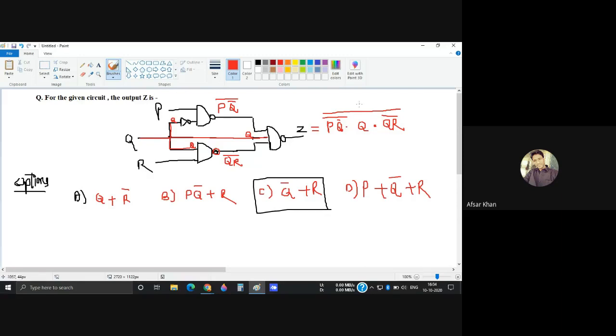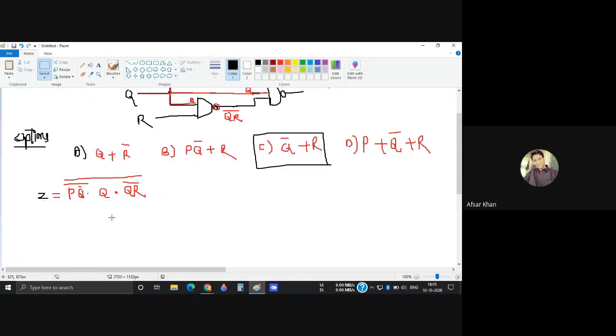Now, if we apply De Morgan's law to this, what will we get? PQ bar whole bar becomes P bar plus Q, so it becomes PQ bar plus Q bar plus QR double bar.